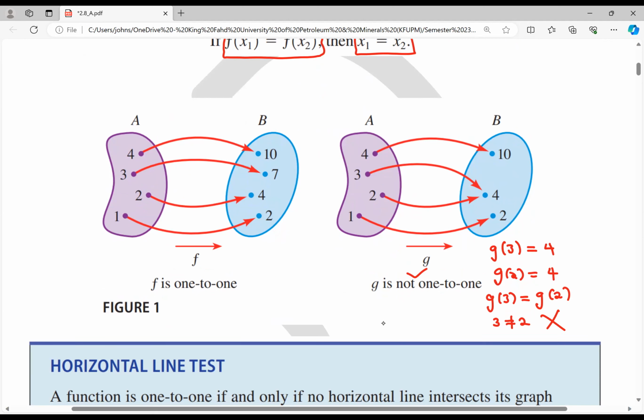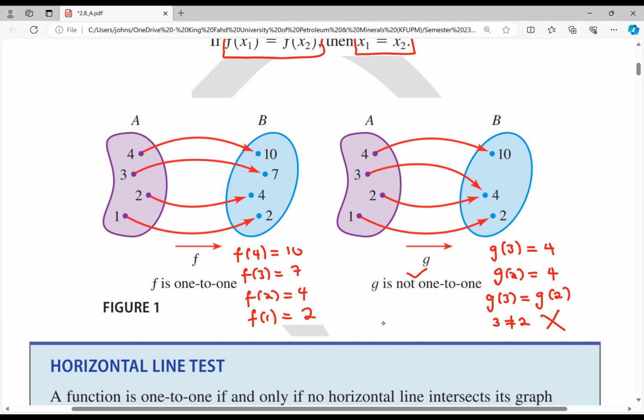But if you look at f, we don't have that condition. f of 4 is equal to 10, f of 3 is equal to 7, f of 2 is equal to 4, and f of 1 is equal to 2. So this type of function is one-to-one.